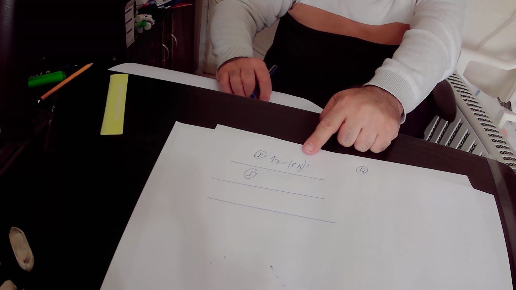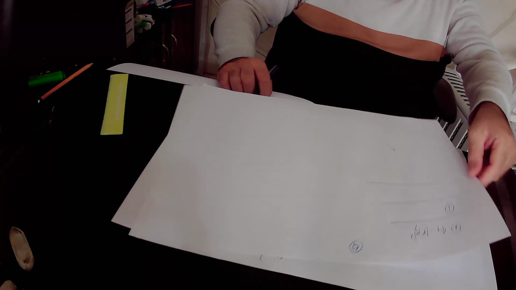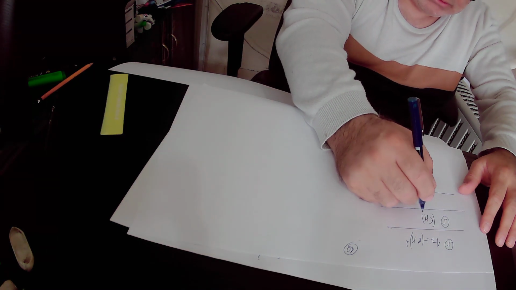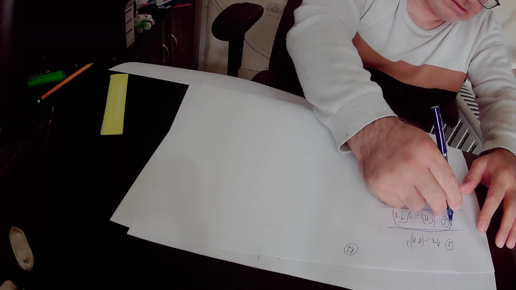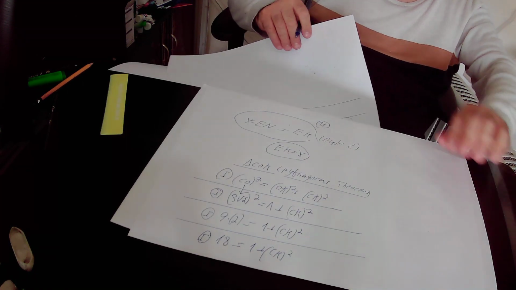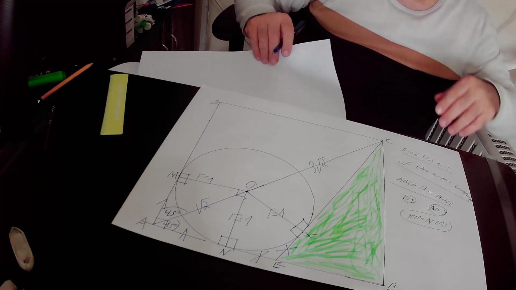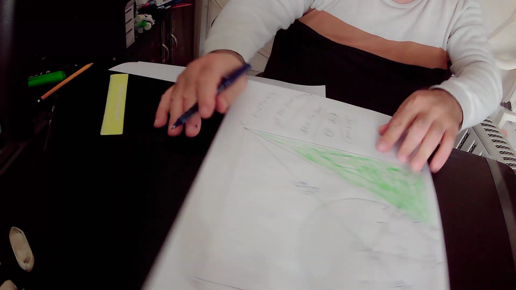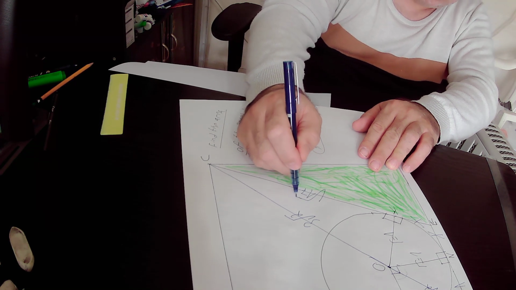We will take a root of equation number 1, and we will get that CK equals the square root of 17. So we can write here that CK equals square root of 17 units.